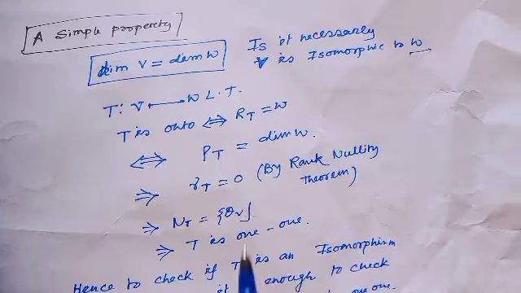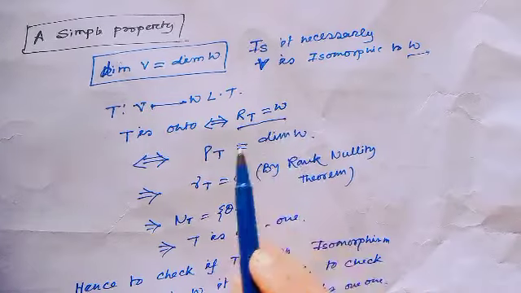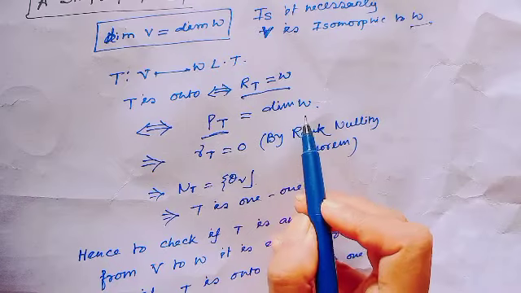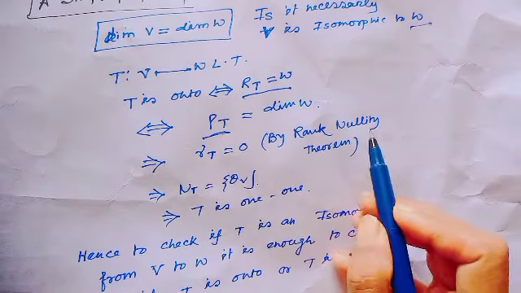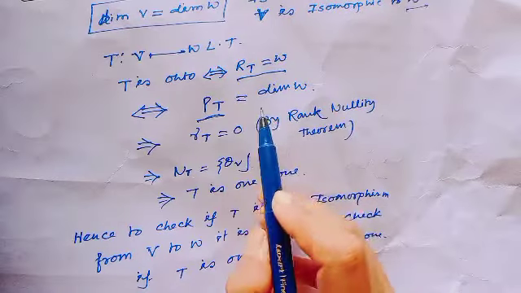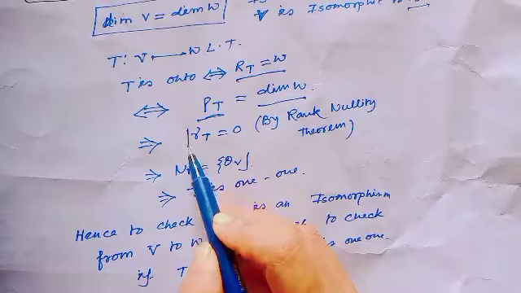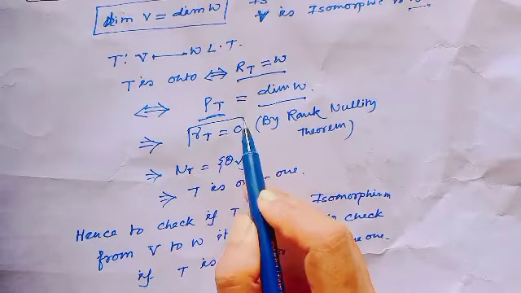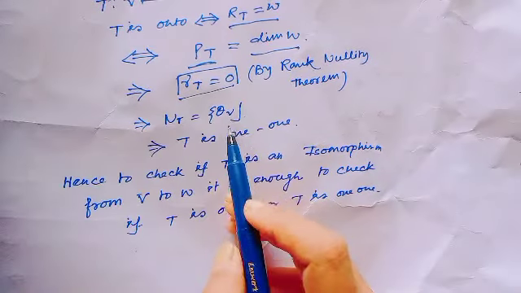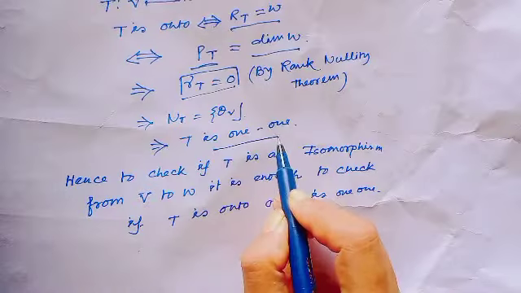Because T is onto if and only if range T equals W, and range T equals W implies obviously rank T equals the dimension of W. And by the rank nullity theorem, since rank T equals the dimension of W, nullity T equals 0. And since the null space contains only the zero vector, obviously T is one-one.